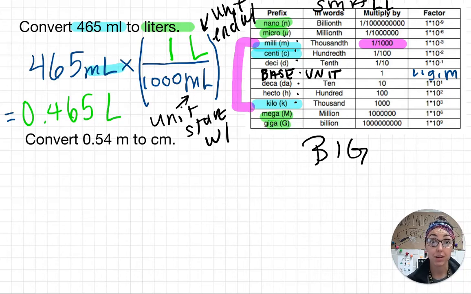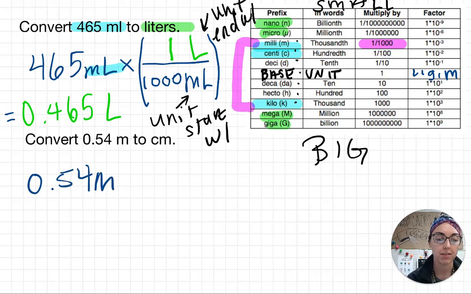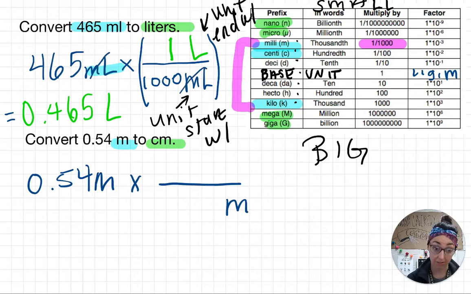Let's try another one. This next one says convert 0.54 meters, remember we always start with what we're given, to centimeters. So 0.54 meters to centimeters. I start with meters, so that needs to go on the bottom because I need my units to cancel. And then I want to go to centimeters.